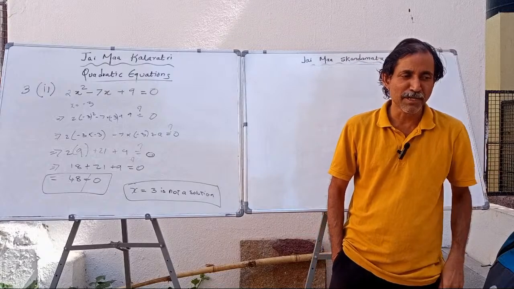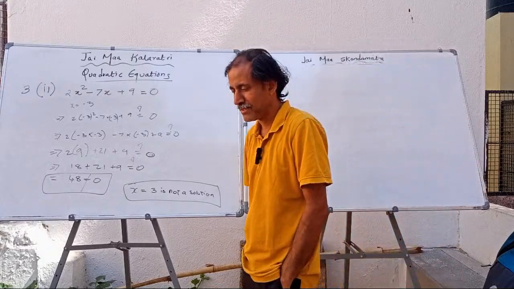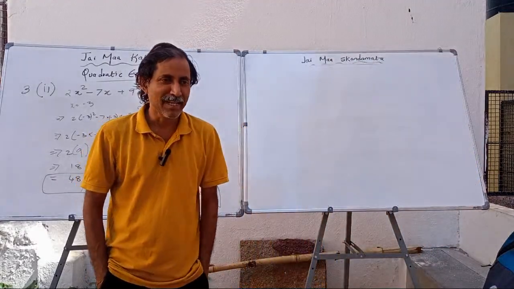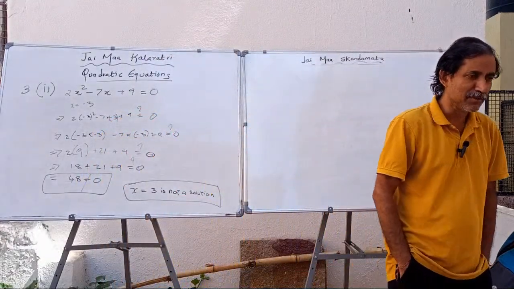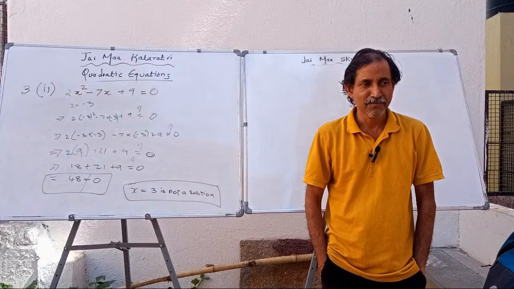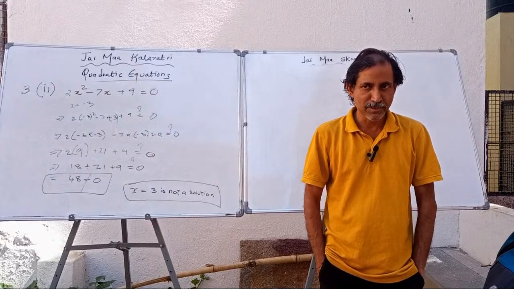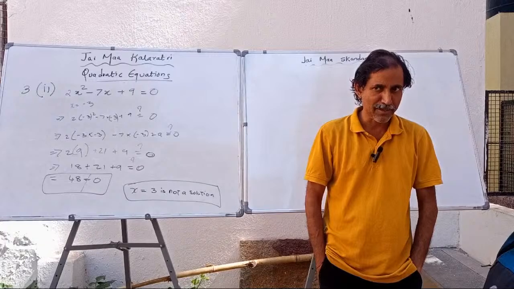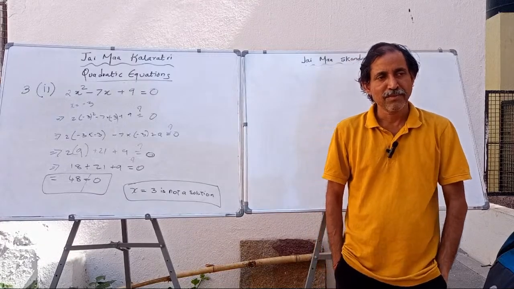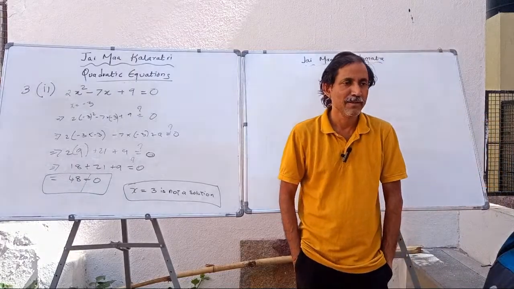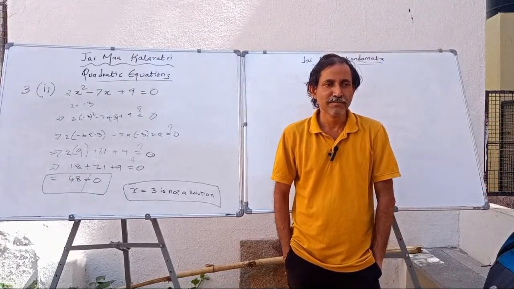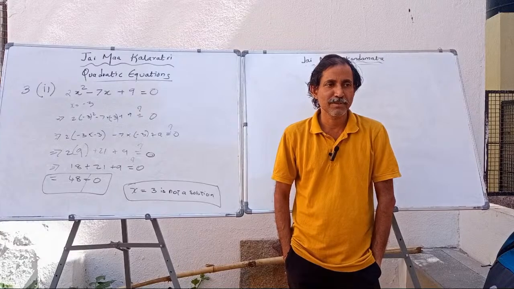Ananya, can you read the last part loudly for benefit of others? If b square minus 4ac is greater than 0, there are two real unequal roots. Okay. If b square minus 4ac is equal to 0, it's two real equal roots.